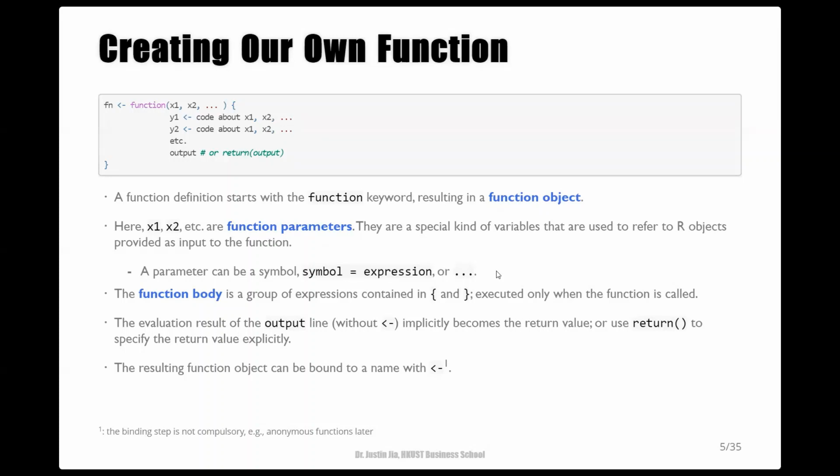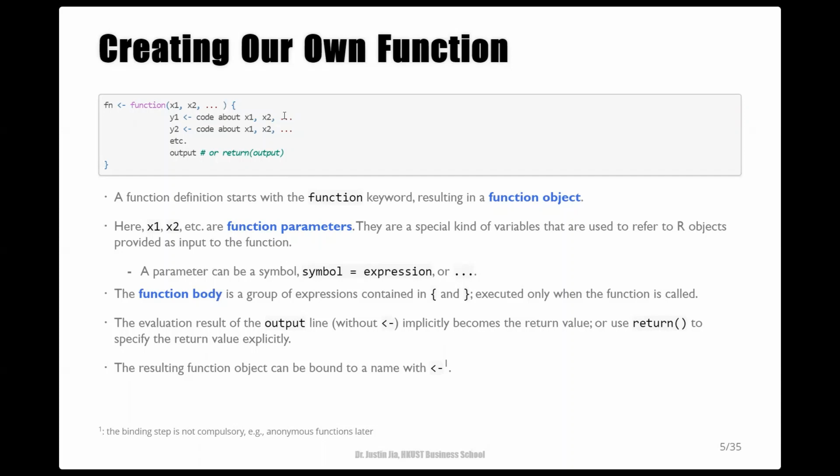The expressions we want to run repeatedly are grouped by curly braces, and are referred to as the function body. For example, here we want to repeatedly perform some operations on arguments referred to by x1, x2, and perhaps many more.